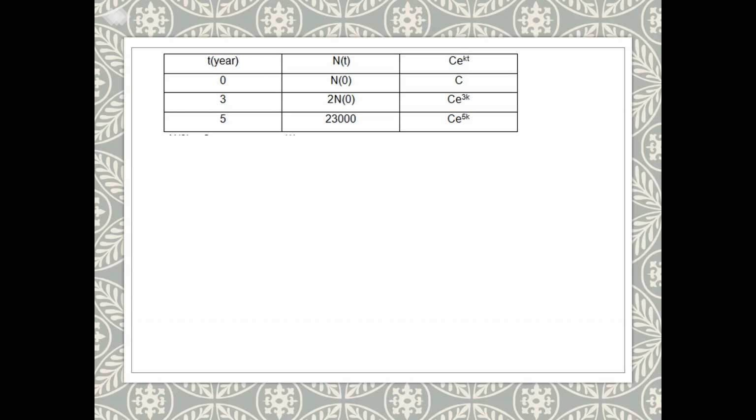When t is 0, then you will get N0, which is equal to C. And after 3 years, meaning when t is 3, the population has doubled, so it should be represented as 2N0 equal to C e to the power of 3k. And after 5 years, the population is 23,000. So when you substitute into the formula, you will get C e to the power of 5k.